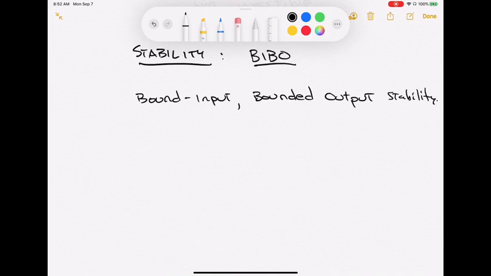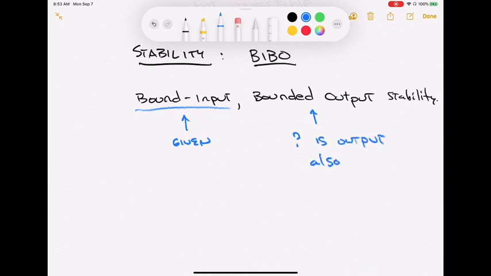Stability itself is generally an incredibly desirable property with systems. The idea is that we are given that the input is bounded. Given that an input is bounded, is the output also bounded?